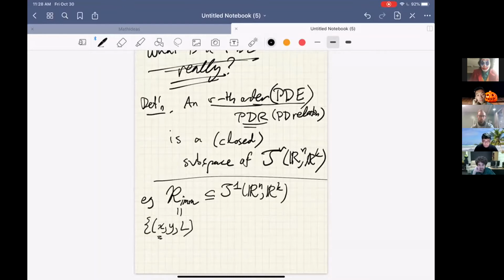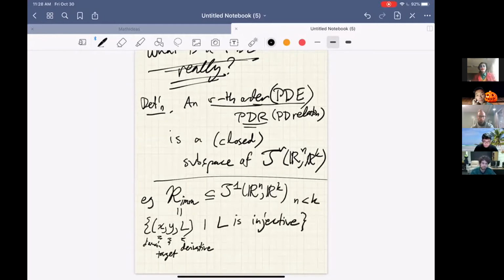Remember, this is the domain, this is the target, and this is the derivative. It's the formal derivative. This consists of all tuples such that, let's say n is less than k, L is injective. So this is called the immersion relation.